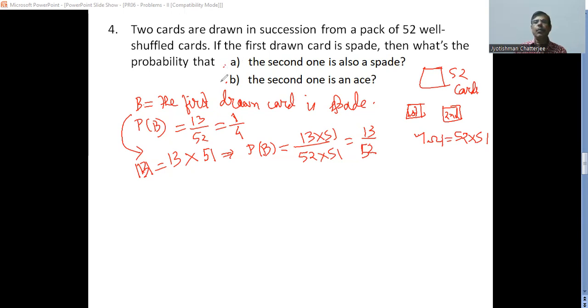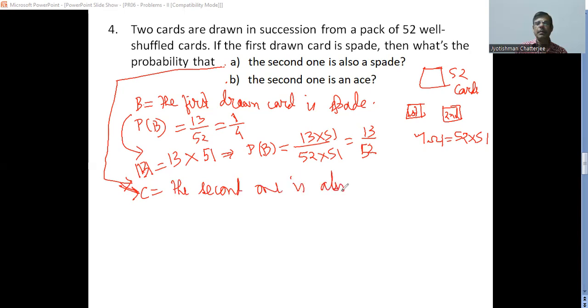Event C is that the second one is also a spade, and event D is that the second one is an S. Let's identify the events.